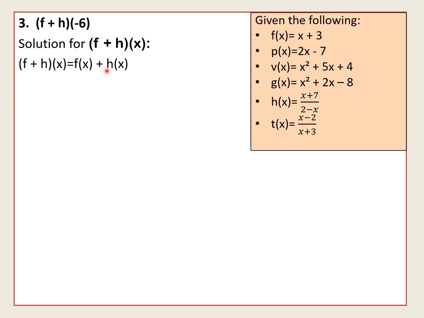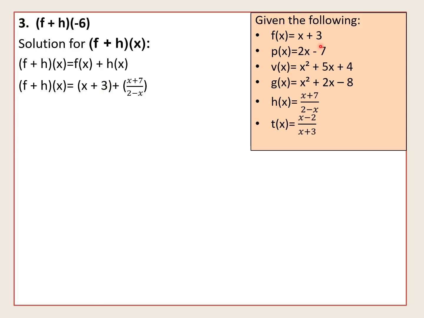Tapos naman, si g of x, or si h of x rather, papalitan natin siya ng x plus 7 over 2 minus x. So, ulitin ko lang, si h of x, papalitan natin ng x plus 7 over 2 minus x. So, that would be the next step. So, copy-paste lang si f plus h of x equals, replace f of x by its corresponding value, which is x plus 3. Saan nanggaling kasi to?